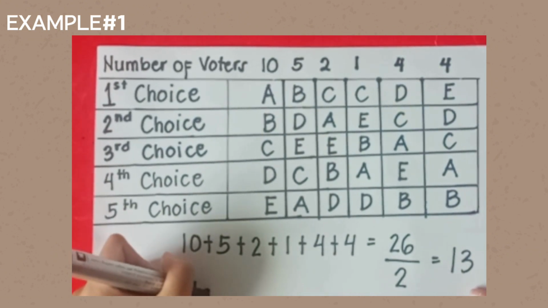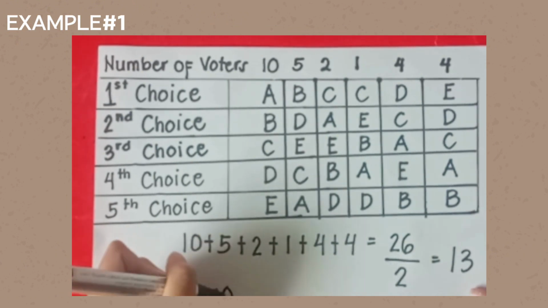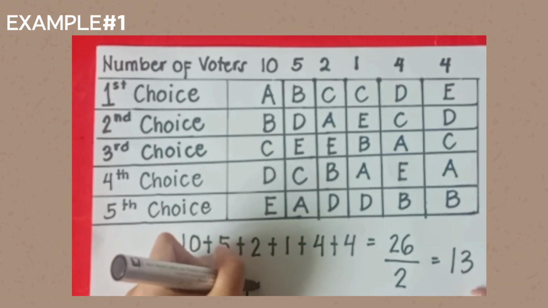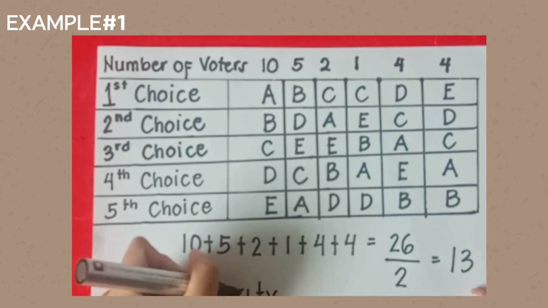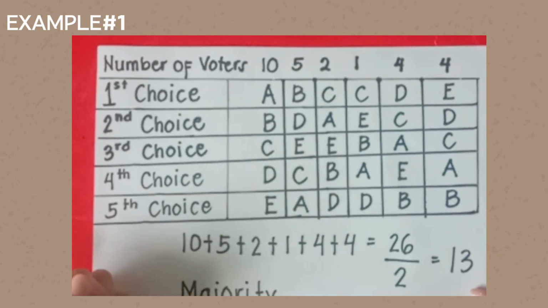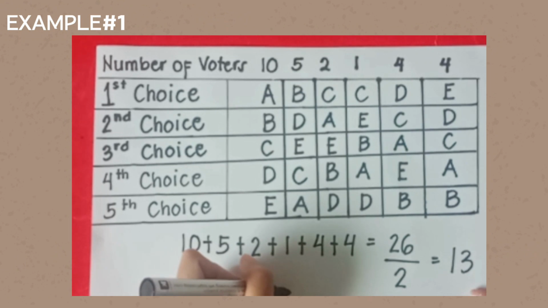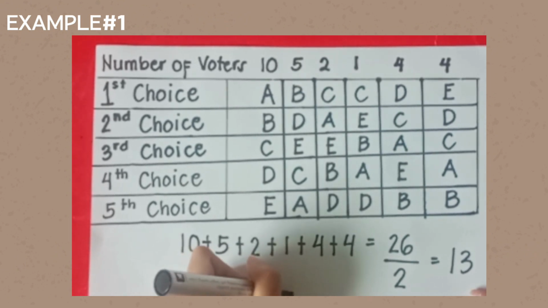We need more than half to have a majority, so the majority would be 14. So we need a candidate to have a total of 14 votes or more in order to win using the plurality with elimination method.